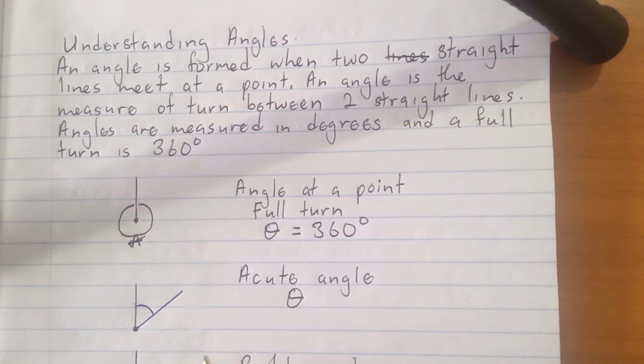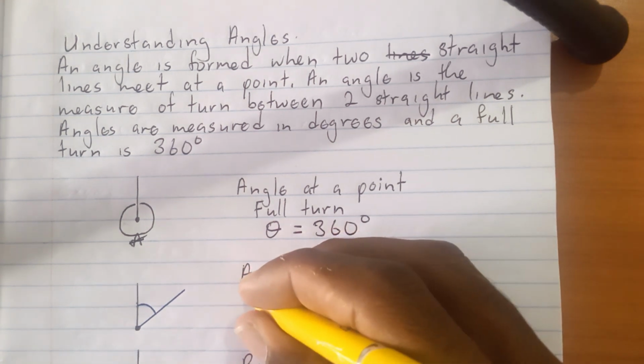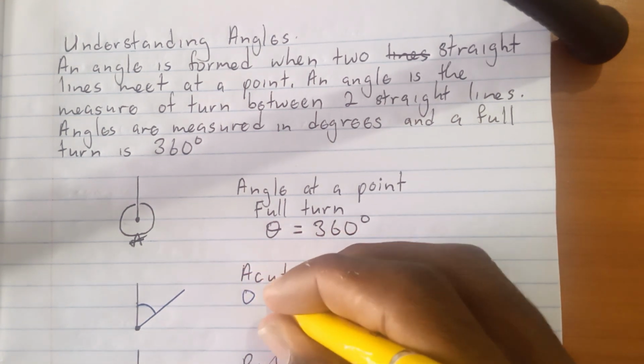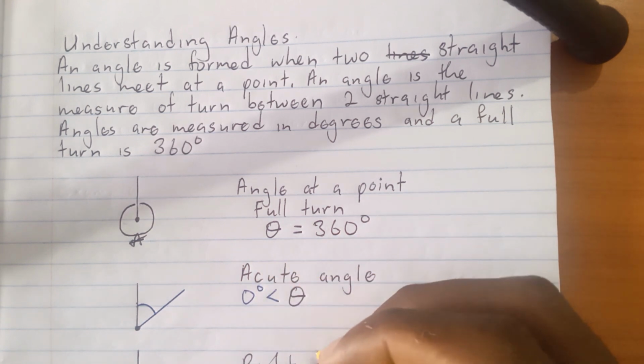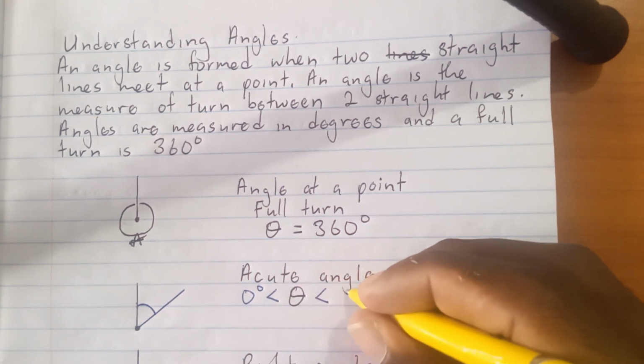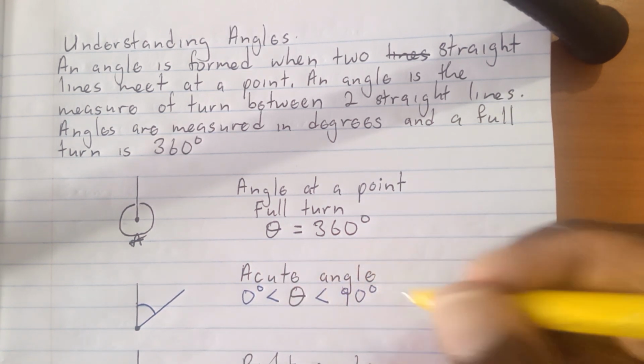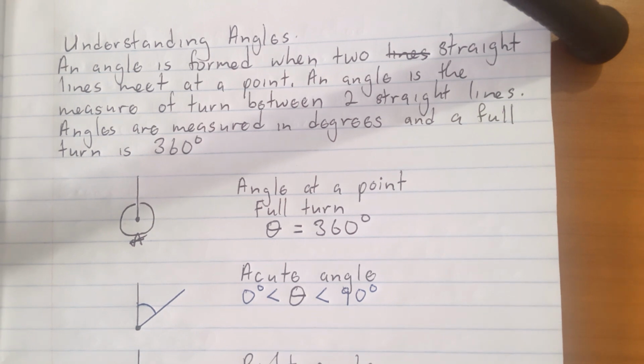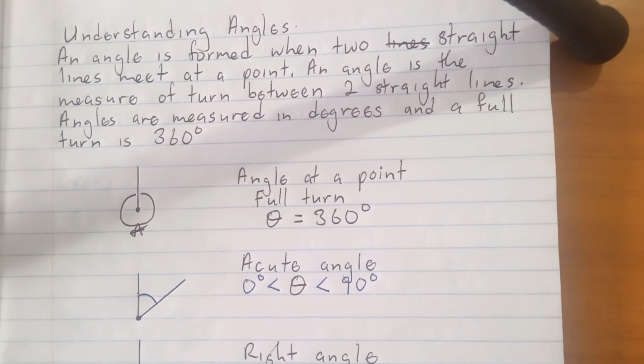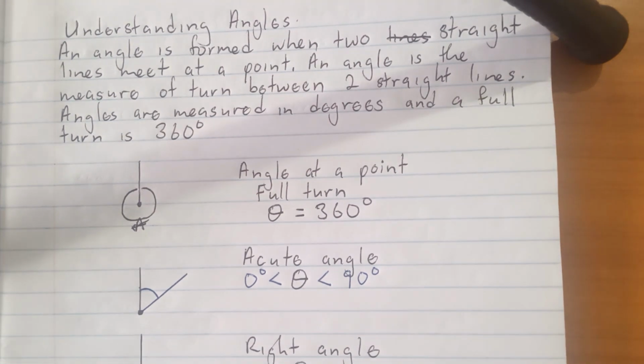We say an acute angle is greater than 0 degrees but less than 90 degrees. Just for symbolization, remember an acute angle looks like an arrow, like the pointy bit of an arrow.